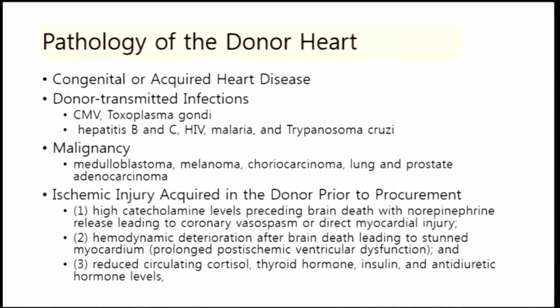The donor may also have a hidden malignant condition in the body. Also, after brain death and before procurement of the heart, ischemic injury of the heart is very common, sometimes unavoidable, because at the agonal stage the catecholamine level can be higher than usual, with hemodynamic deterioration and so on.